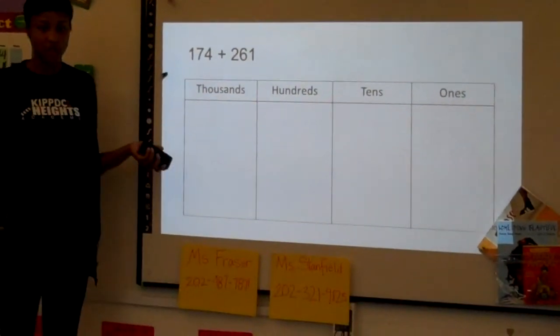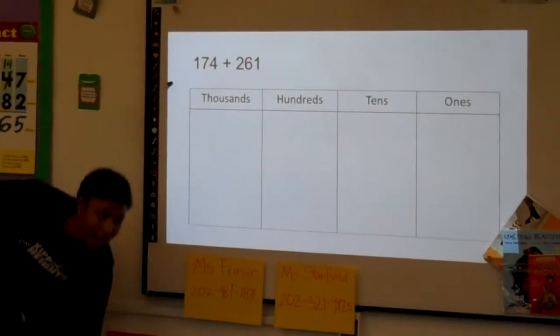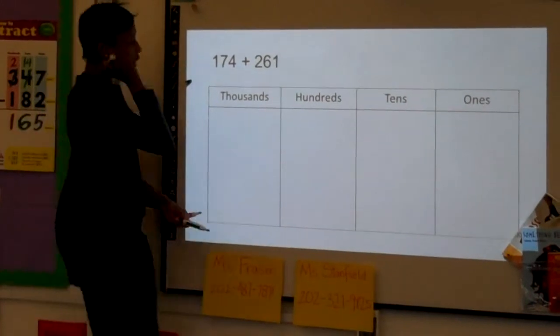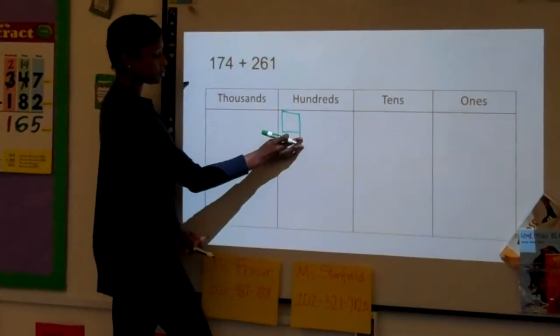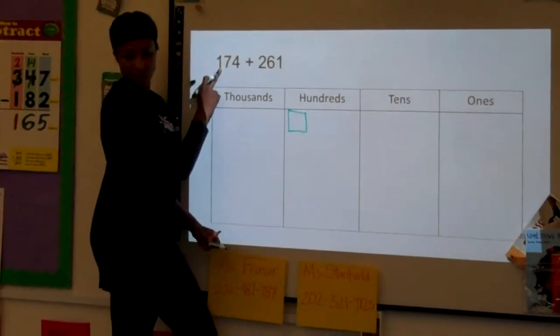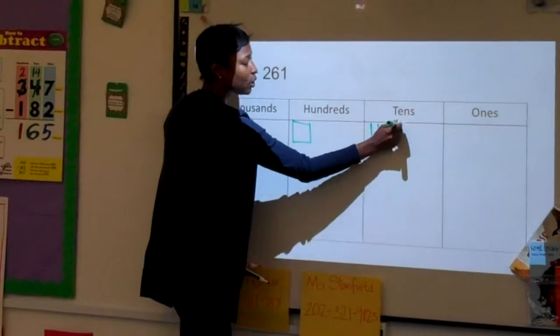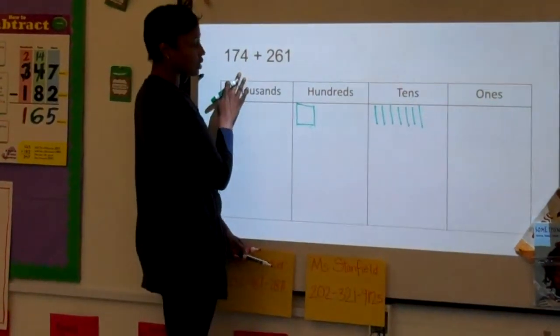174 plus 261. I want to do the same thing I did before and draw my model. I'll start with this number. 1 in my hundreds place, 7 10s, 1, 2, 3, 4, 5, 6, 7. 7 10s is the same as 70.